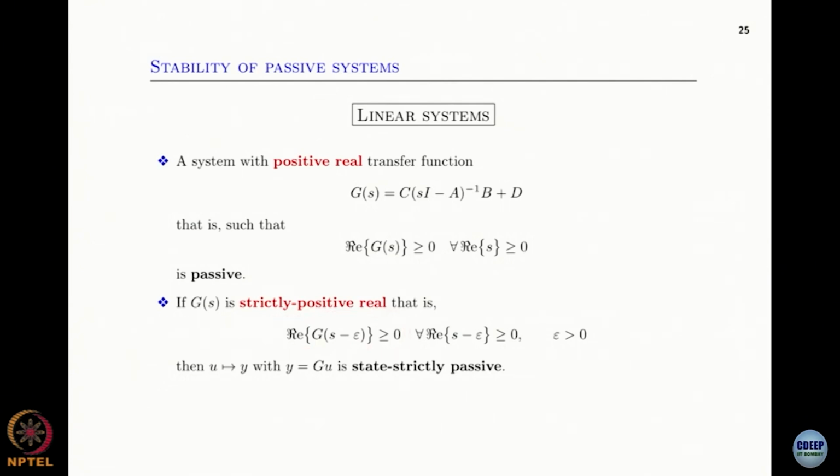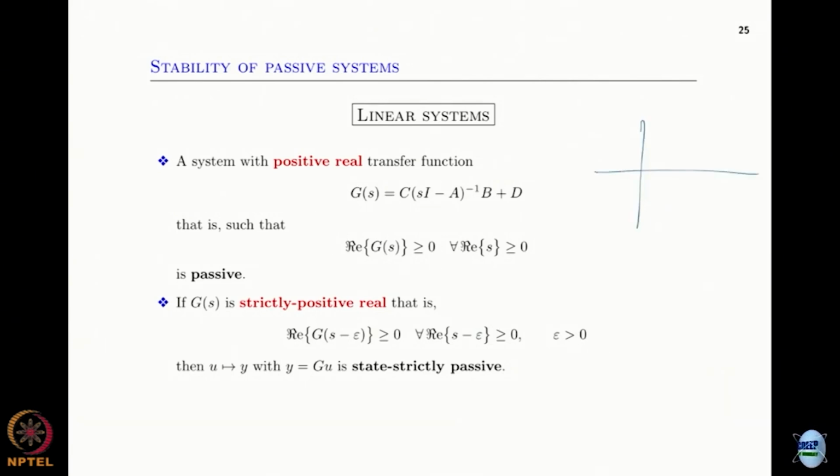So basically, in the first case, you are asking that the Nyquist plot is somewhere in this zone, and in the other case, it has to be in the other place.